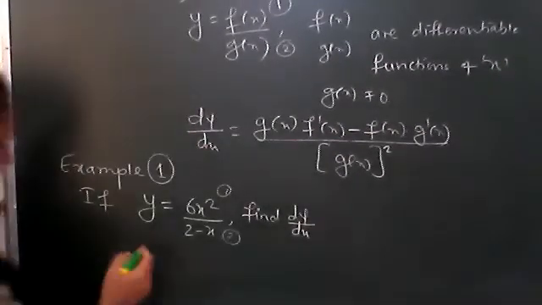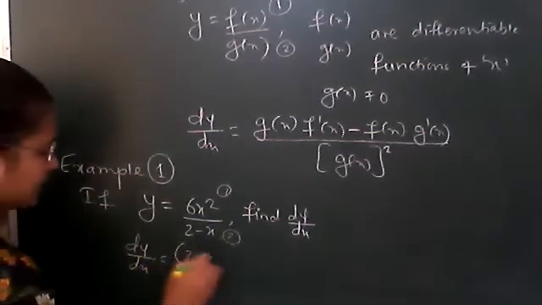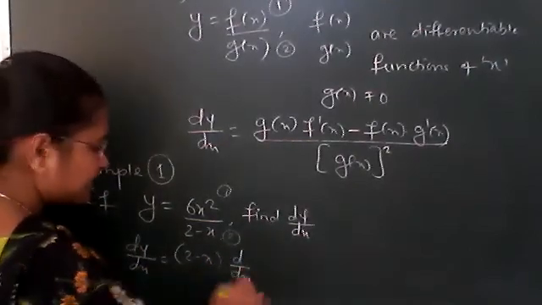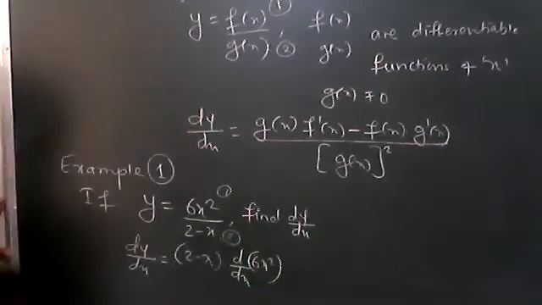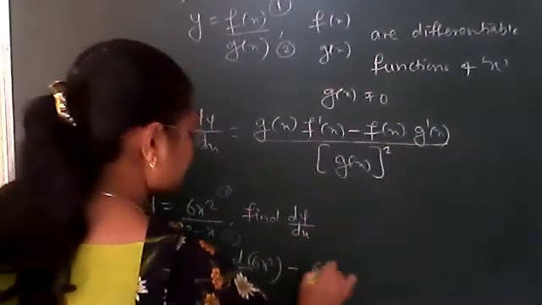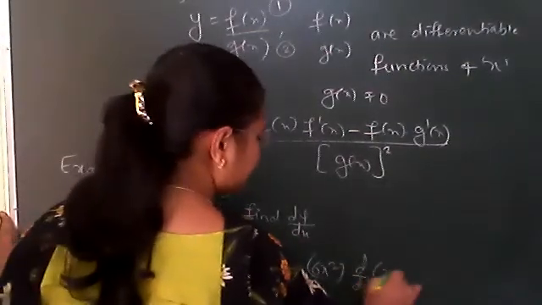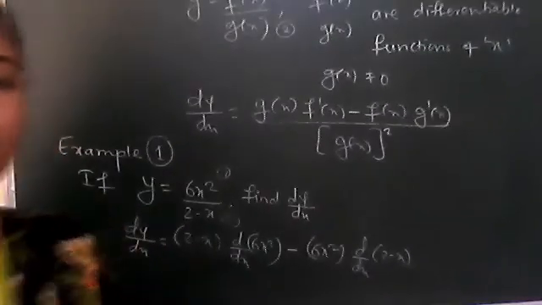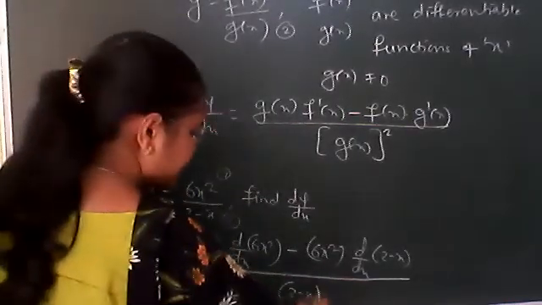dy by dx equals second function constant, 2 minus x, into derivative of first function. So I will write here, by using the formula, d by dx of 6x square, minus first function constant, that is 6x square, into d by dx of 2 minus x, and whole thing divided by 2 minus x whole square.